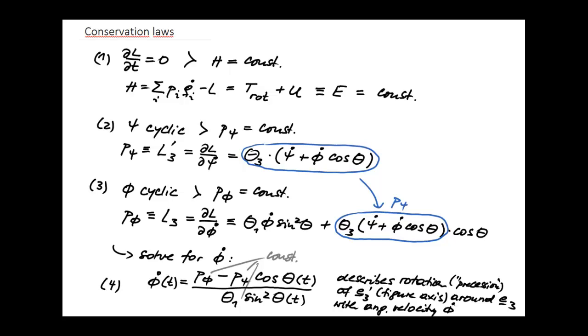So in the case of the free symmetric top, the figure axis precesses around this axis with a constant angular velocity. Here you see that on the right-hand side, the expression for phi dot is generally a function of time, because phi dot, the angular velocity of precession, depends on the Euler angle theta, and theta in turn is a function of time. Yeah? So, important difference here, the heavy symmetric top precesses, but the angular velocity of precession varies in time.